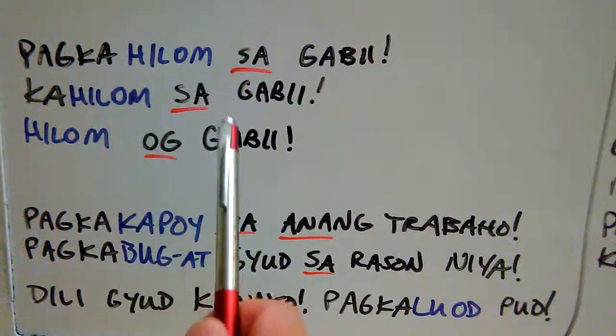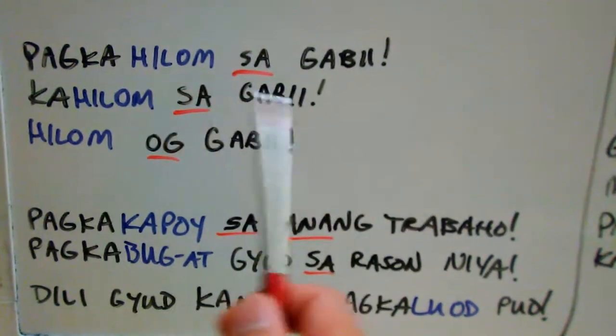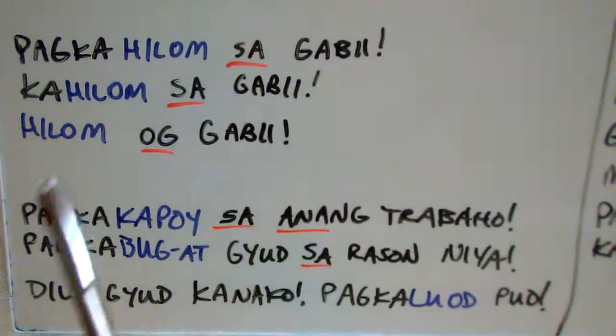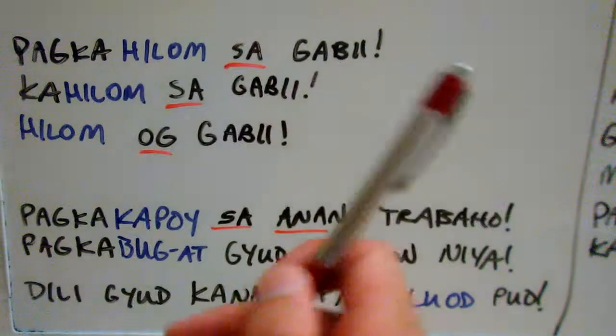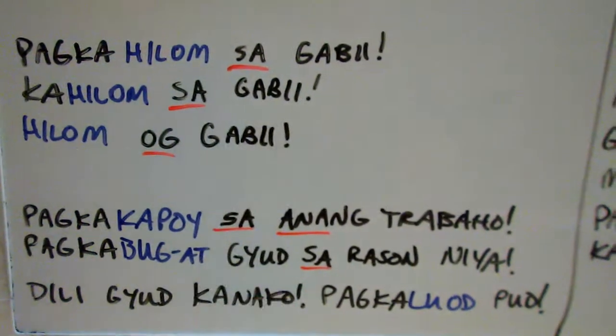So we have here pagkahilom sa gabi, and it's excited, right? It's an interjection or an exclamation. Oh wow, tonight is really quiet. You know, what a quiet night. Damn. You know, kahilom sa gabi.